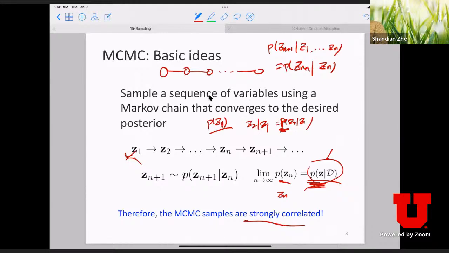You cannot view them as independent samples. To reduce the correlations, people usually collect samples every few steps, like you collect posterior samples every 10 steps, like Z1 and Z11 and Z21, 31, something like that, but still there are some correlations there.